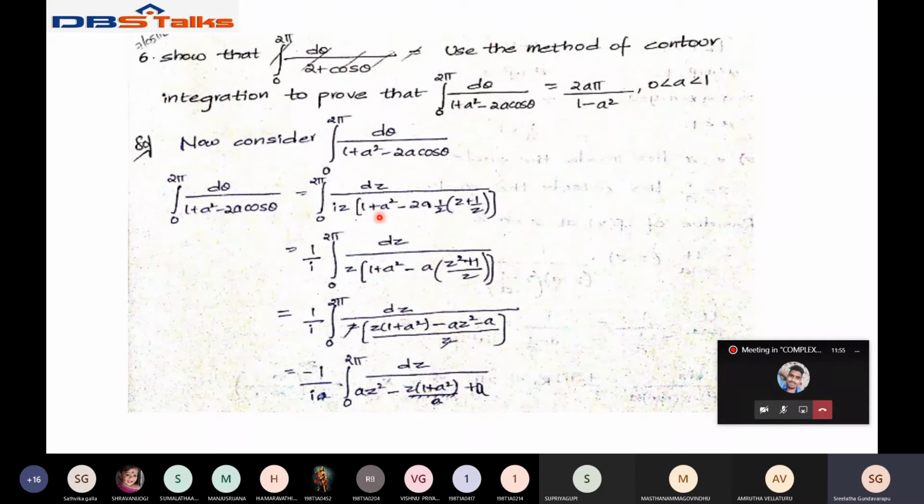So that equals 1 by i times the integral of dz by z into, then taking the LCM z, we write z into (1 plus a²) minus az² minus a, that equals minus 1 times the integral of dz by (az² minus z into (1 plus a²) plus a).